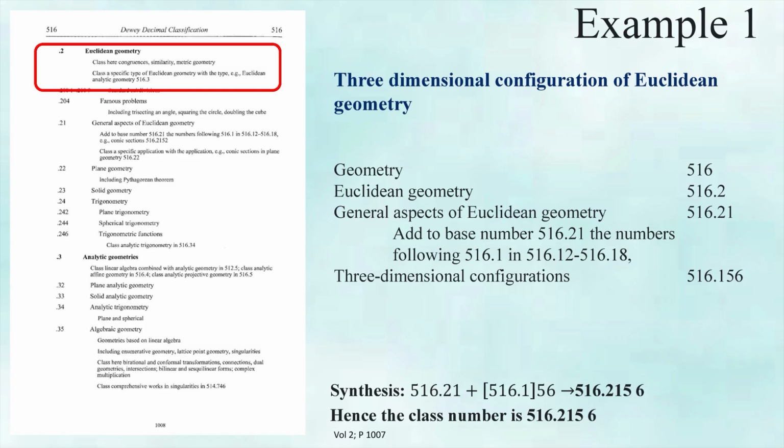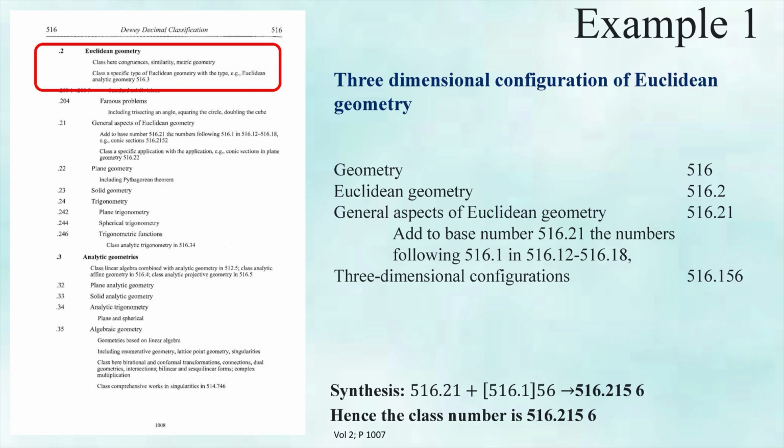It means we have to omit the initial 516.1 and add the rest of the portion, following 516.1 in 516.12 to 516.18. So the general aspects of Euclidean geometry are mentioned under 516.12 to 516.18. Before we start, we have to proceed to 516.12, from where we find the number for the last facet of our title, that is three-dimensional configuration.